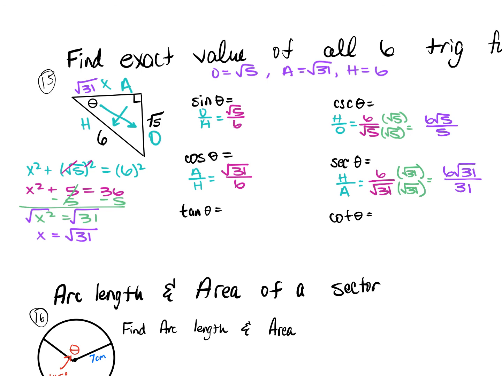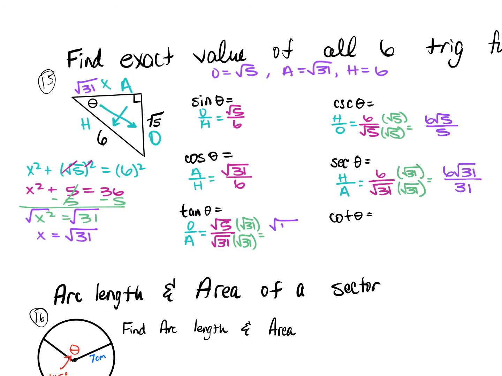For tangent, you have opposite over adjacent. So that one's going to be the square root of 5 over the square root of 31. Rationalize your denominator. Multiply top and bottom by the square root of 31. And that gives us 31 times 5 is 155.